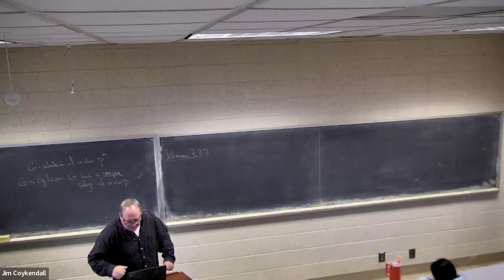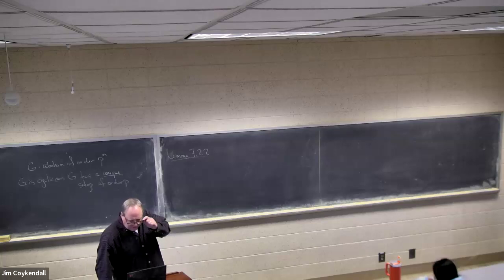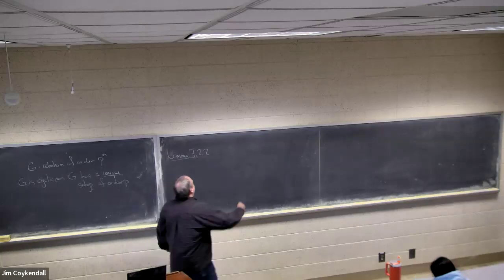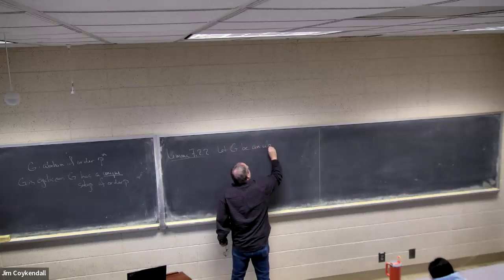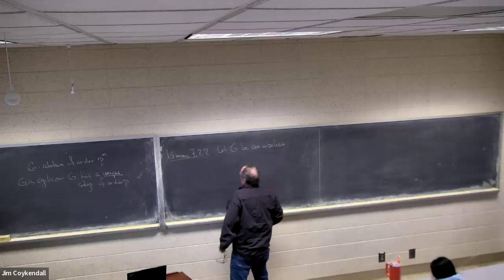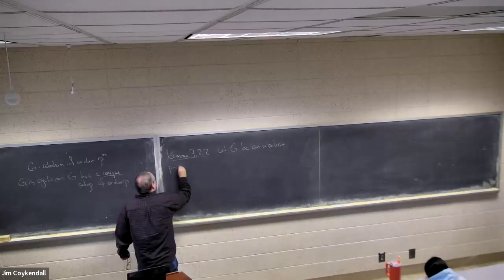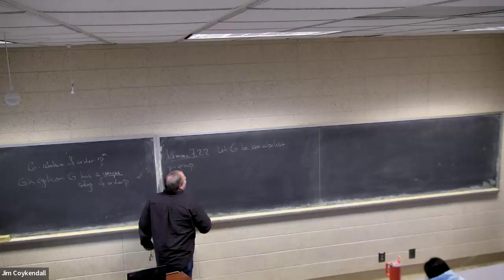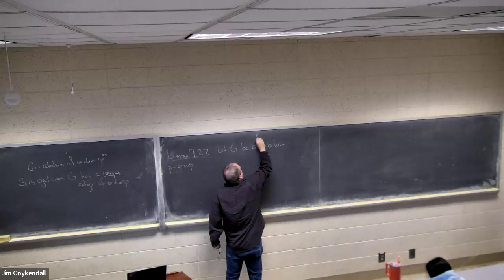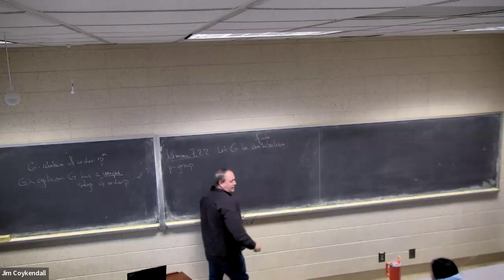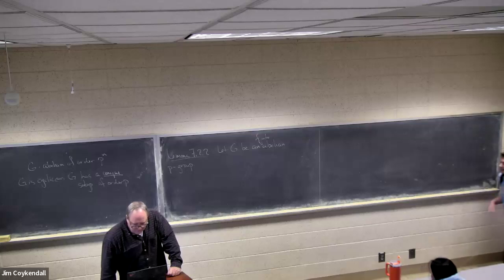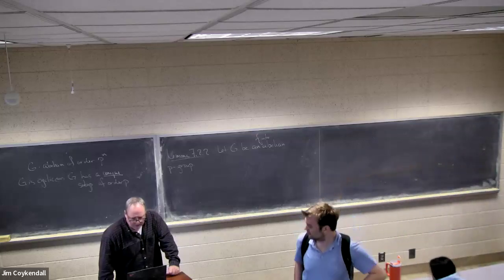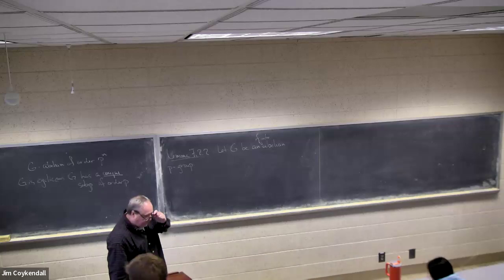suppose again that G is an abelian p-group and H is a cyclic subgroup of G of maximum order. Let me emphasize this. Let H be a cyclic subgroup of G of maximum order.